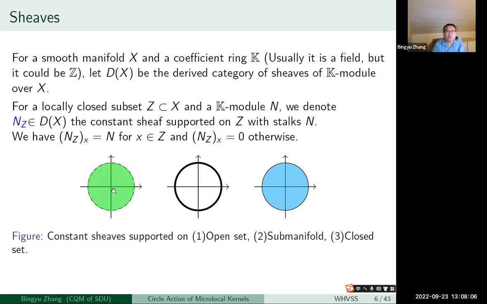For example, for an open set we just write the open set, and for a closed set we just write the closed set. It's characterized by the stalk over a point in this locally closed set being the given module, and otherwise 0.